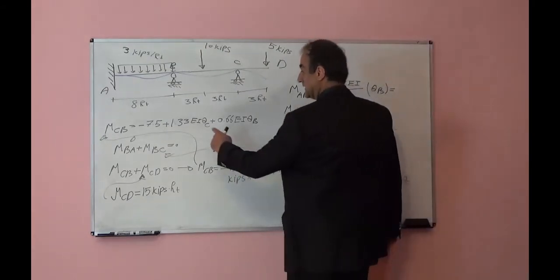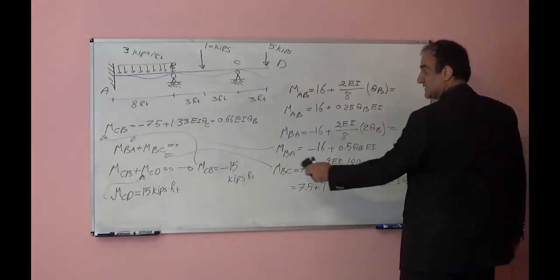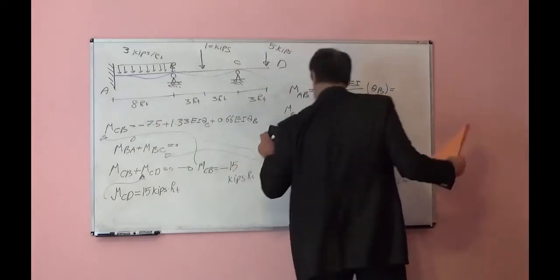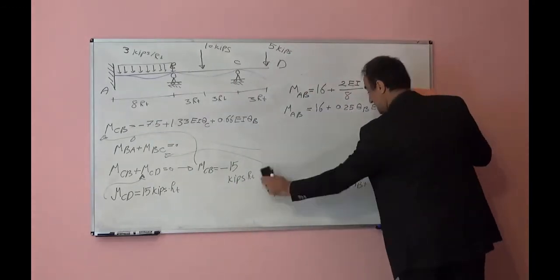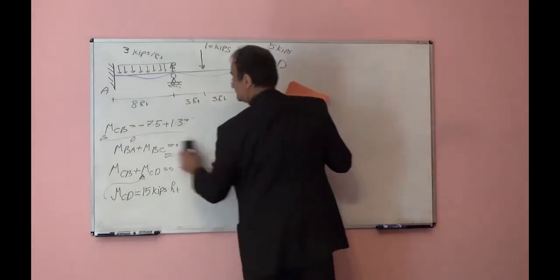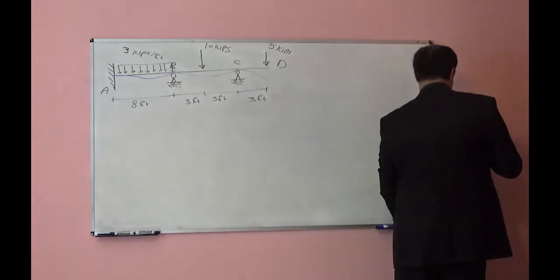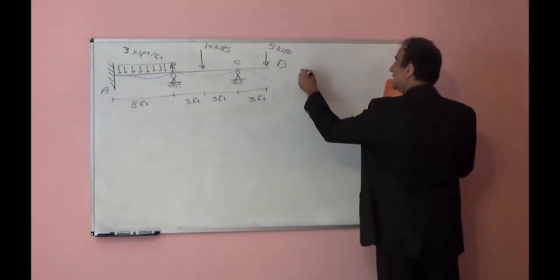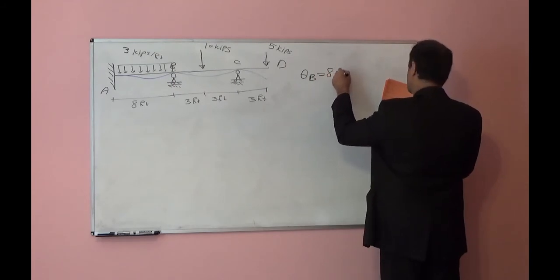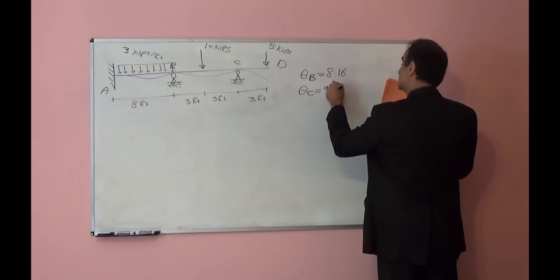I can find theta B and theta C. If I plug these equations here and this negative 15 here, finally theta B will be 8.16 and theta C will be 9.7.